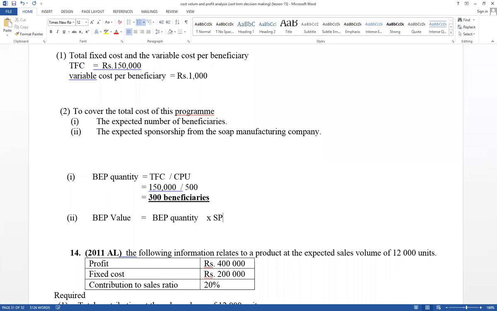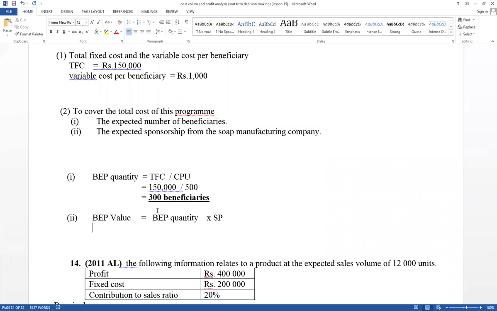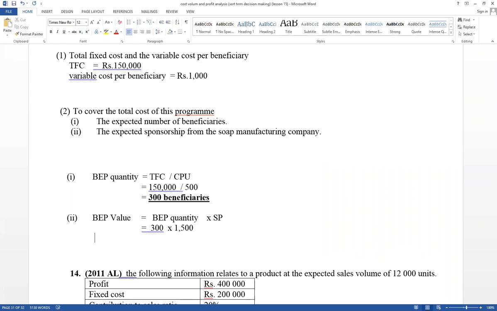Break-even point quantity equal 300, into selling price equal 1500. Therefore, 450,000. This is the expected sponsorships from the soft manufacturing company to cover the total cost.